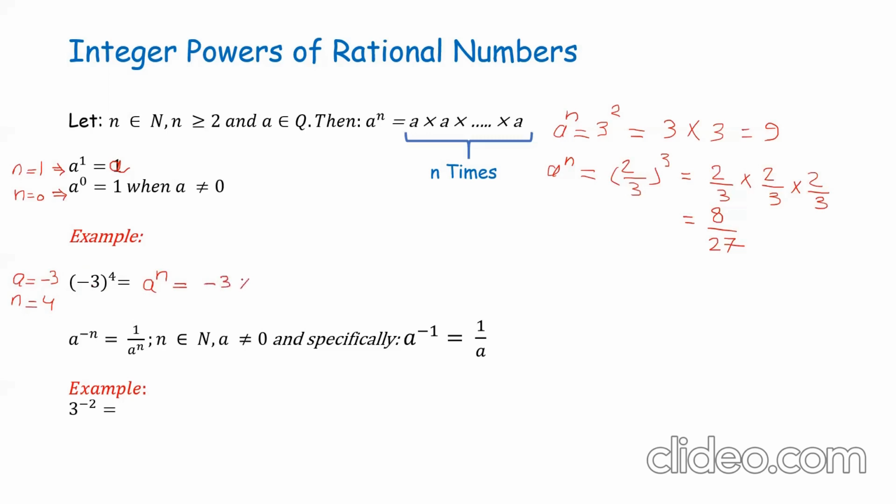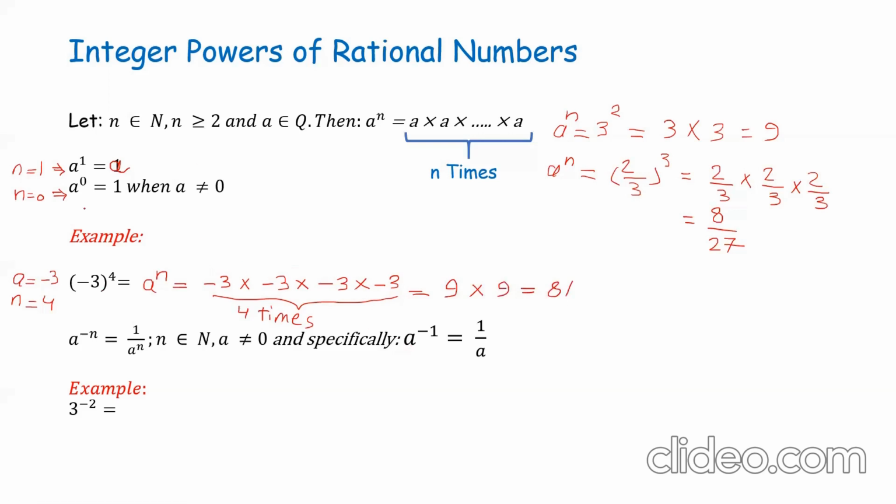So it is minus 3 multiplied by minus 3, and we repeat it 4 number of times. And this will give us, as we learned before, we multiply minus 3 by minus 3. This will give us 9. And minus 3 by minus 3, this will give us also 9. And the answer is 81.